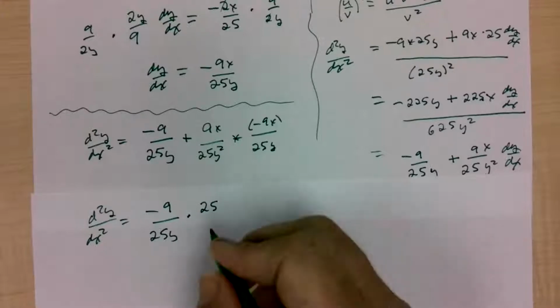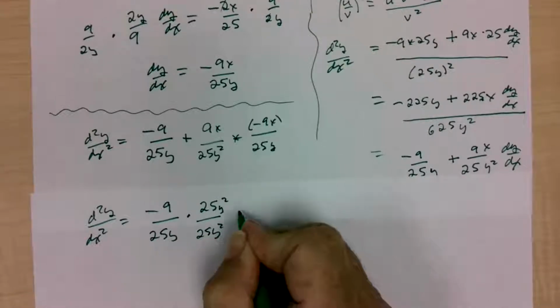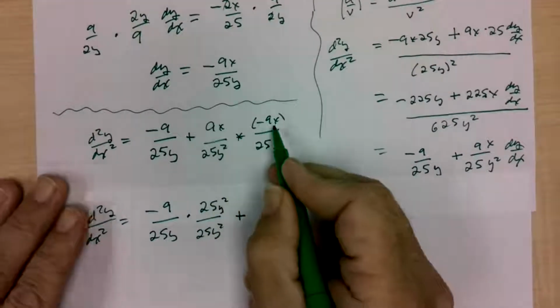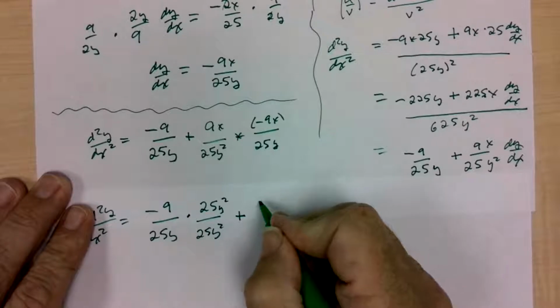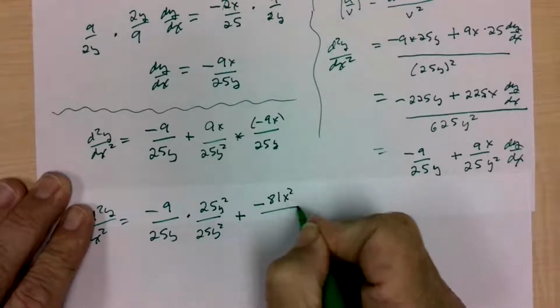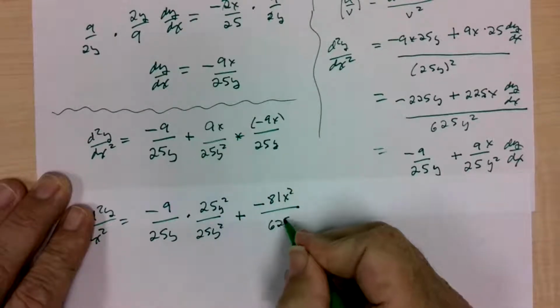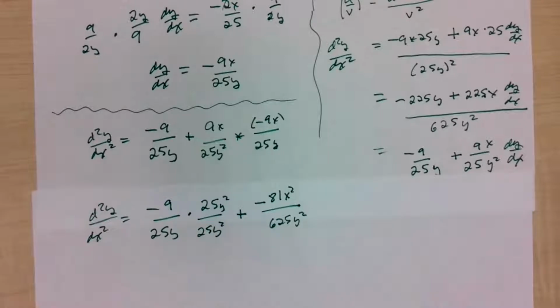By 25y squared, over 25y squared, plus 9x times negative 9x, that's negative 81x squared, over 25 times 25, 625y cubed. So we have a common denominator now.